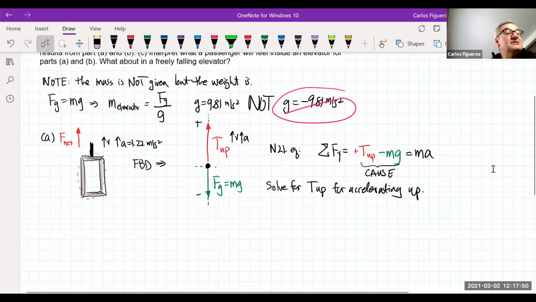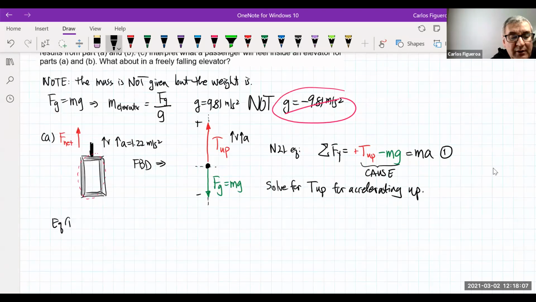When I look at this numerically, I'm going to call this equation 1. Equation 1 tells me that the tension up must be mg plus ma.